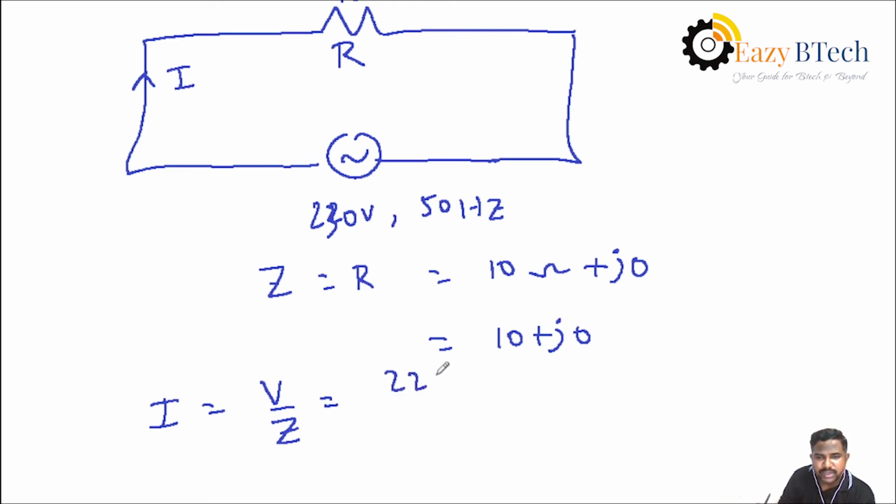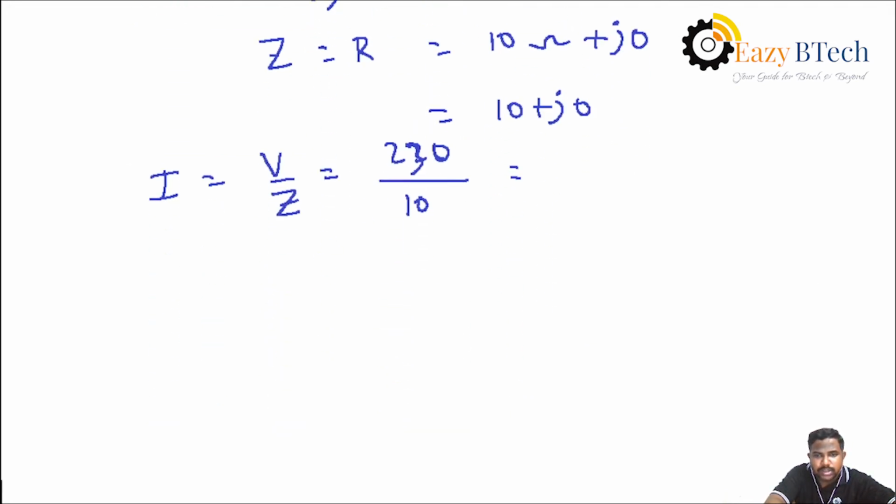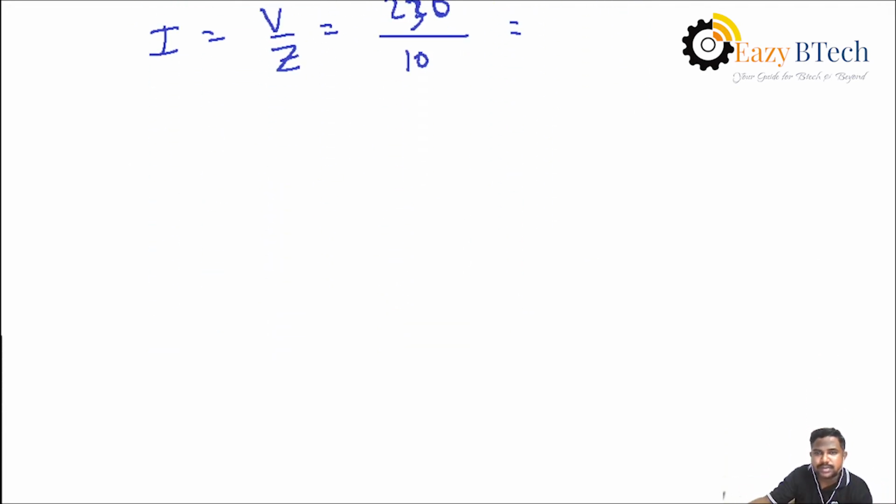The given voltage value is 230 divided by the Z value, which is 10. Then the current passing through the circuit is 23 amperes.